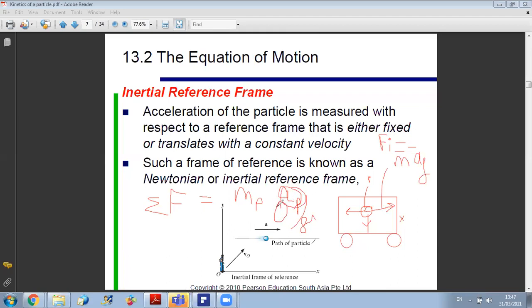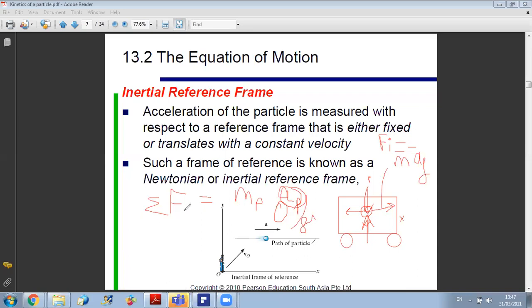But when I do sum of forces, I should consider, in addition to the normal forces, which are let's say the normal reaction of the chair, and the weight of the occupant, we should add to them the inertia force that is felt by the occupant.